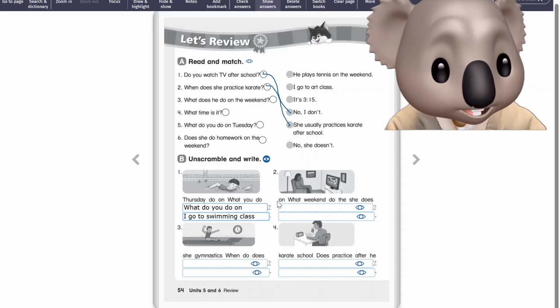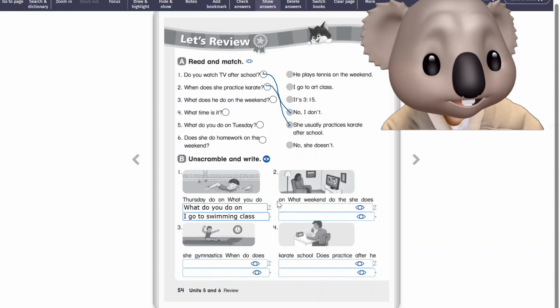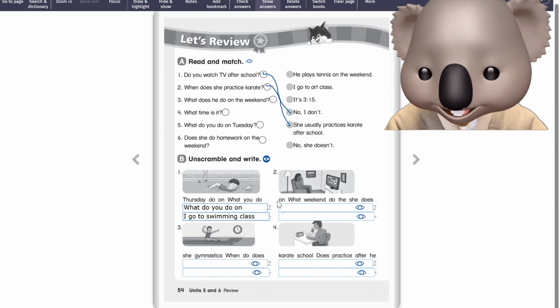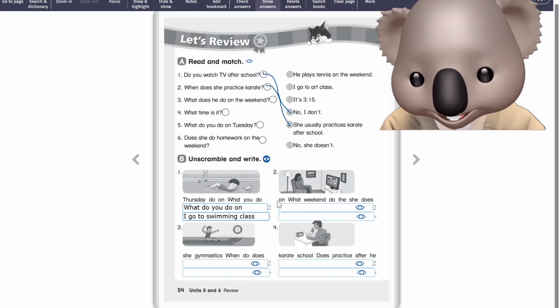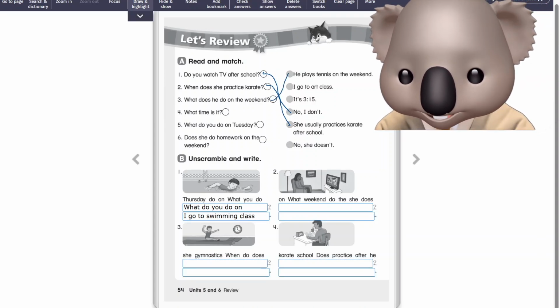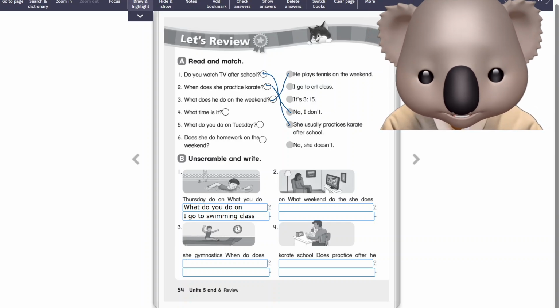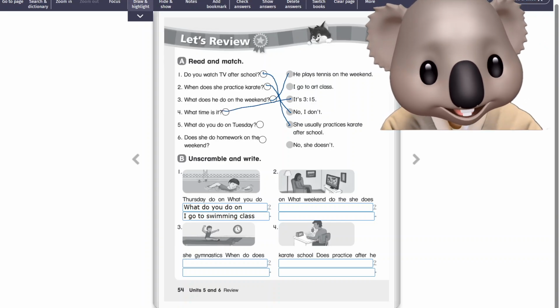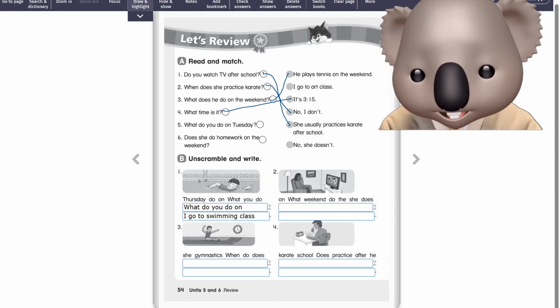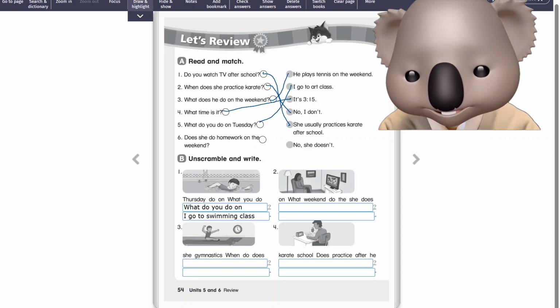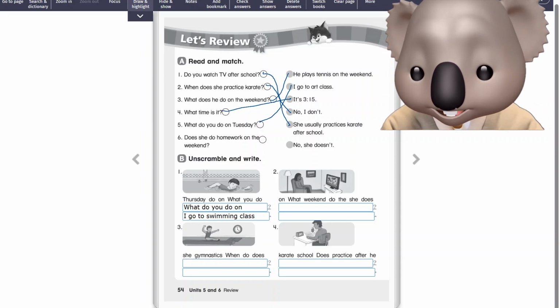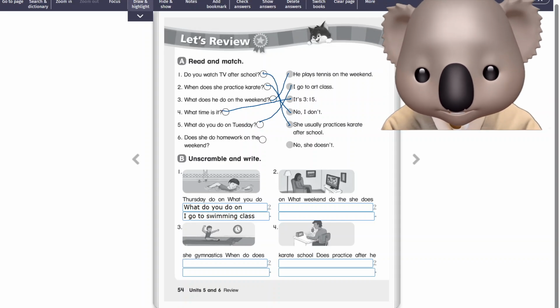Numbers 2, 3, and 4, I'd like you to do it on your own. Ready to check? Number 3, what does he do on the weekend? He plays tennis on the weekend. Number 4, what time is it? It's 3:15. Number 5, what do you do on Tuesday? I go to art class. And last, does she do homework on the weekend?